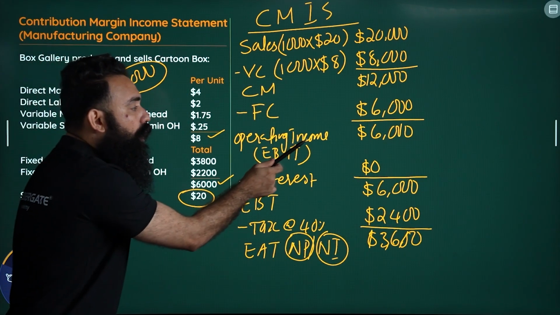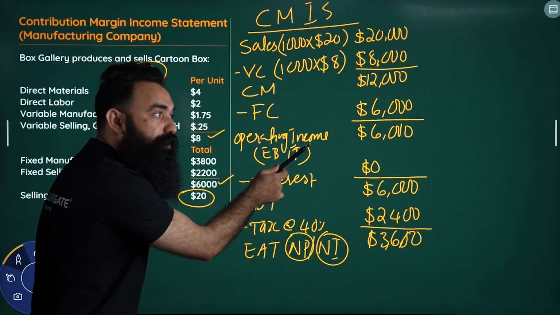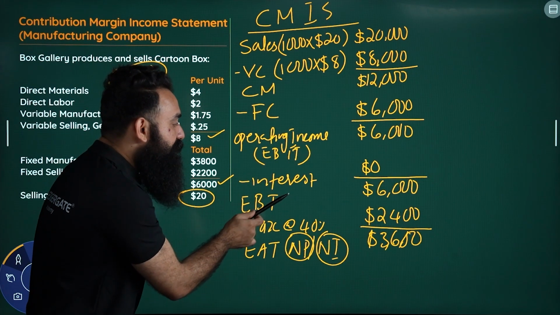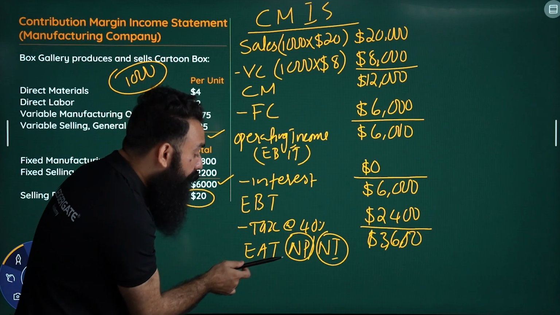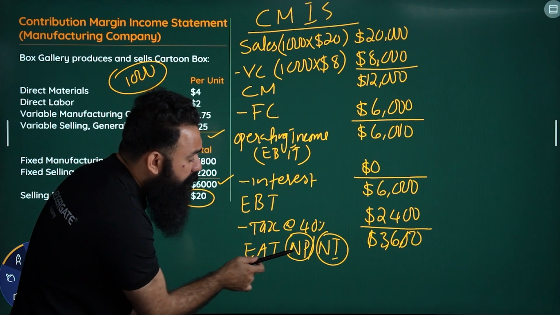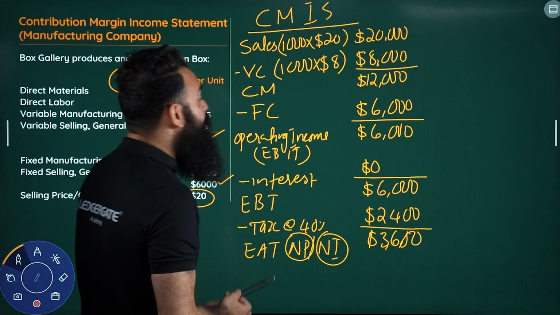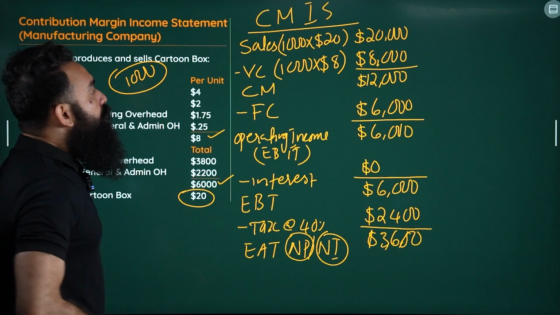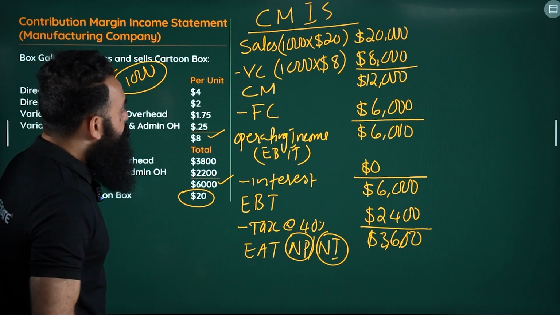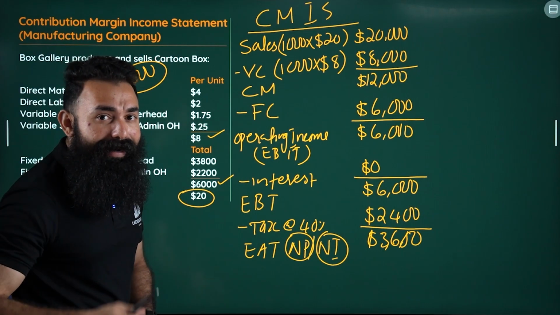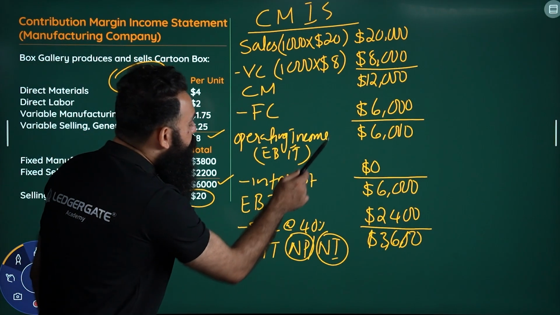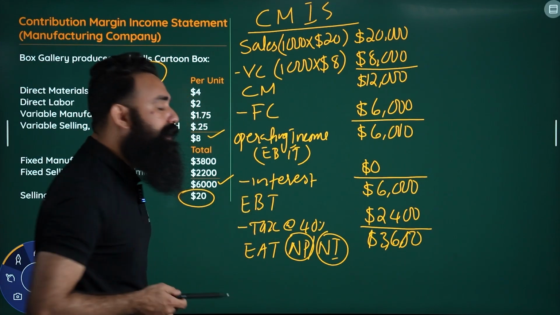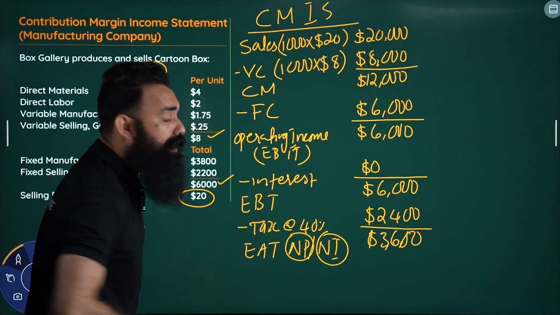This is our operating income, otherwise earnings before interest and tax. This is our earnings before tax, that means pre-tax profit. This is after-tax profit, earnings after tax, otherwise net profit, net income. In different ways we can call it. Here we know that, whether it is a trading company or a manufacturing company, the operating income and earnings before tax, that means pre-tax profit, are the same.